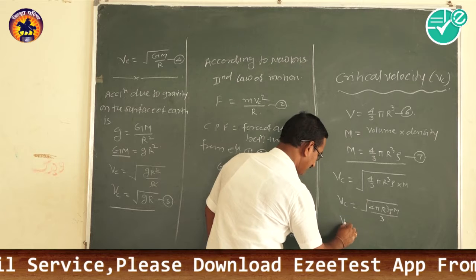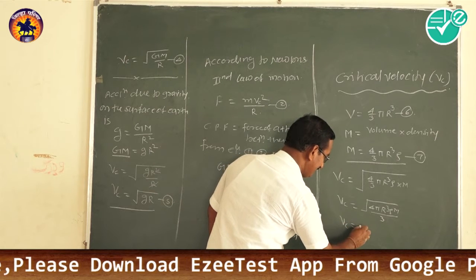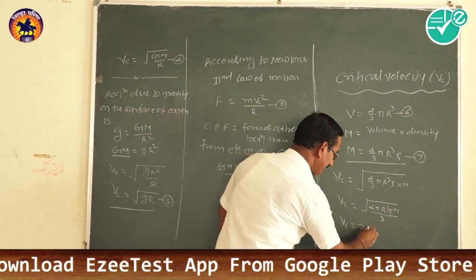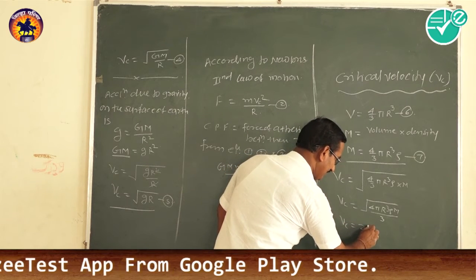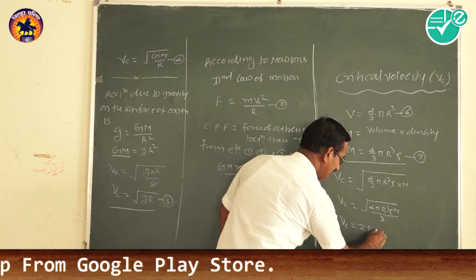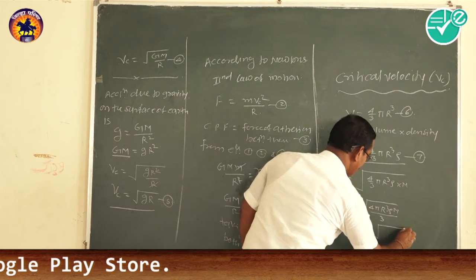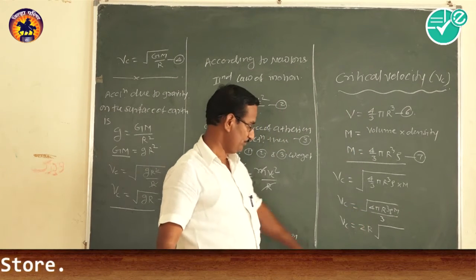The root of 4 is 2, and the root of r square is r, which is taken outside the square root.